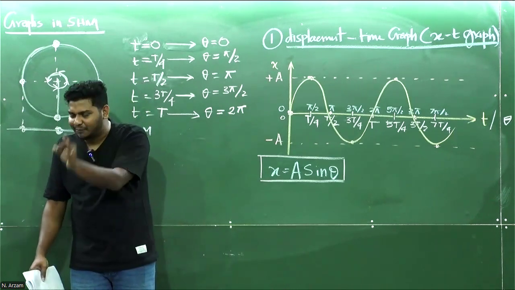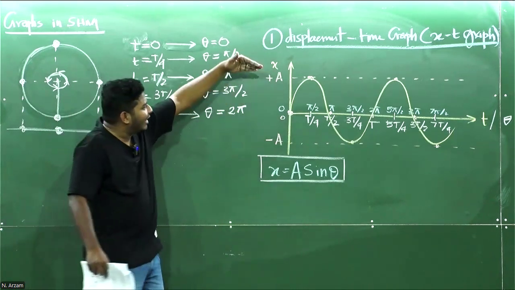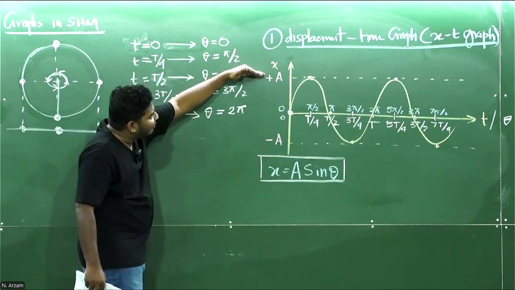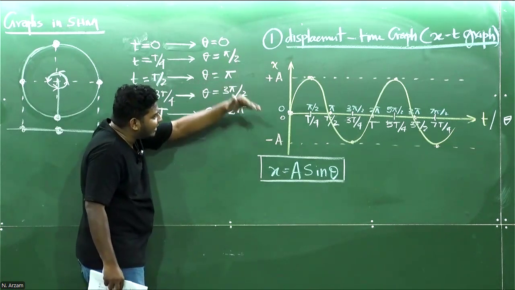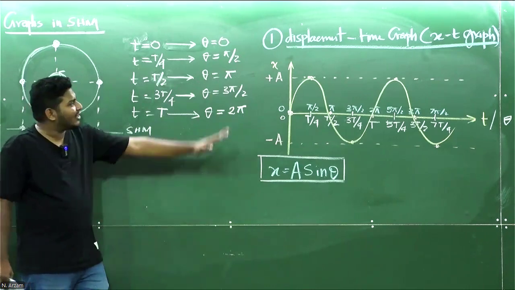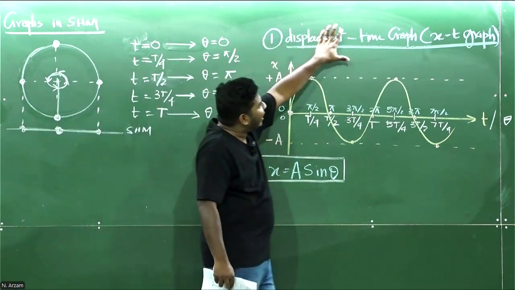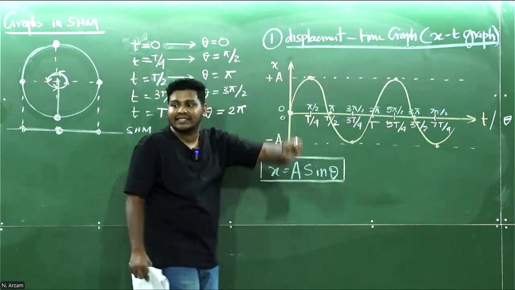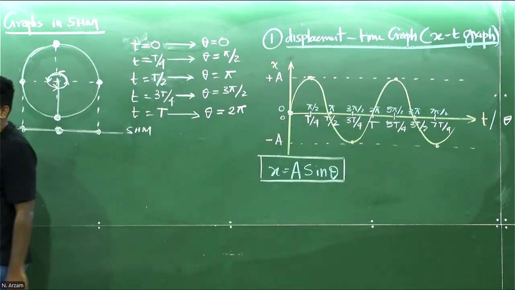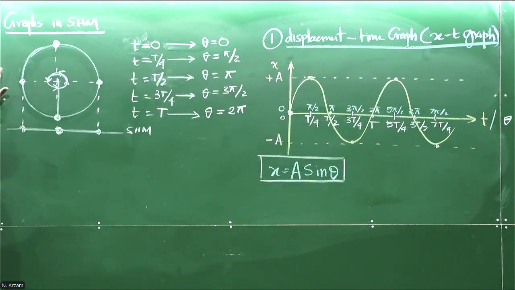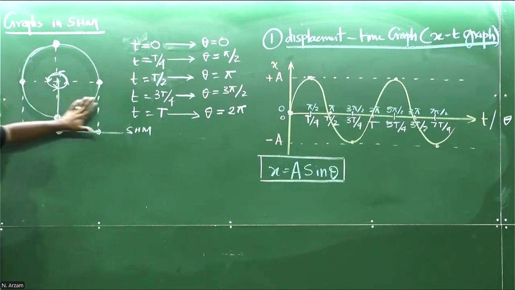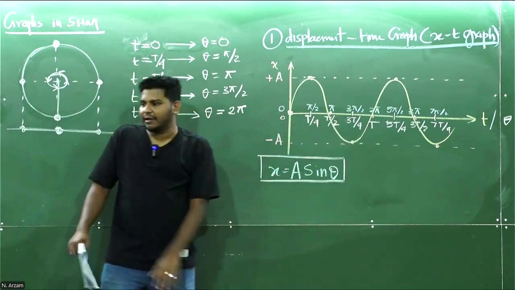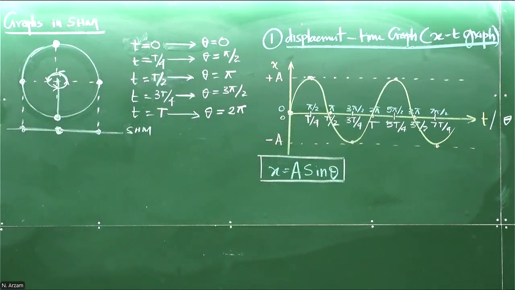So the maximum displacement is the amplitude. So this is the displacement-time, x-t graph for the simple harmonic motion. You can write this down. Put the heading here, graphs in SHM, and draw this graph in your exercise book.